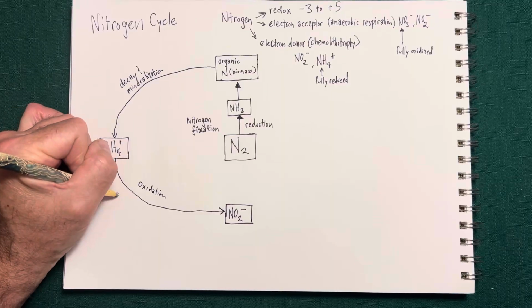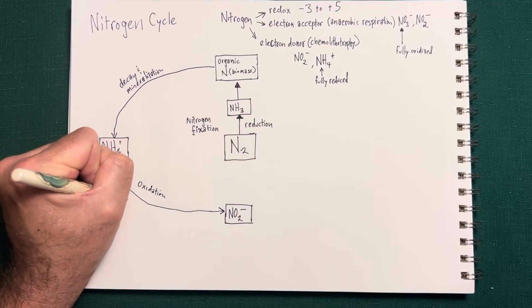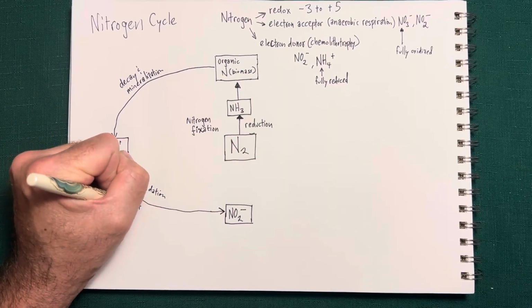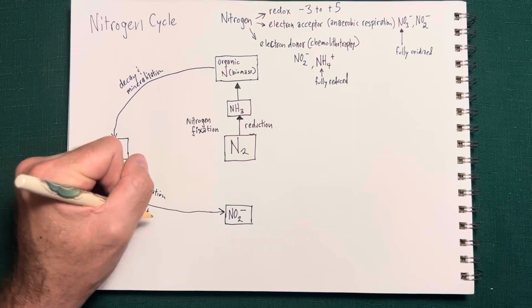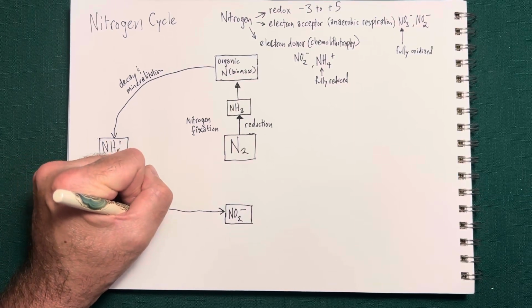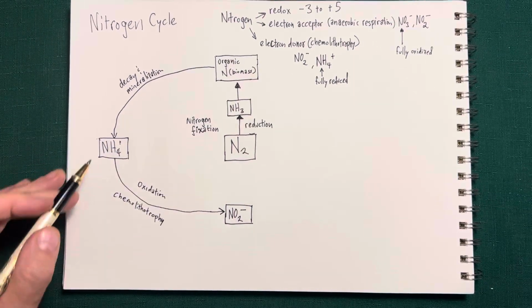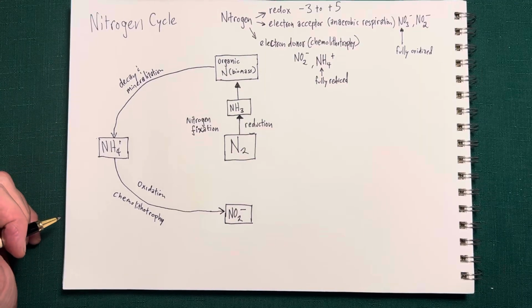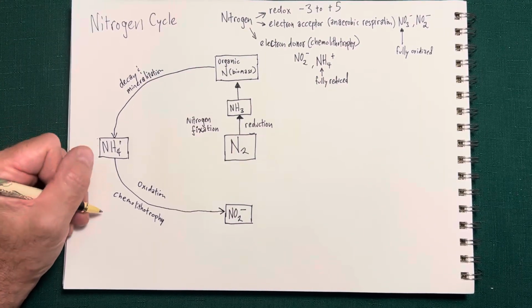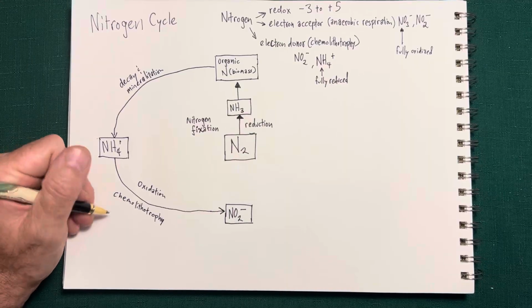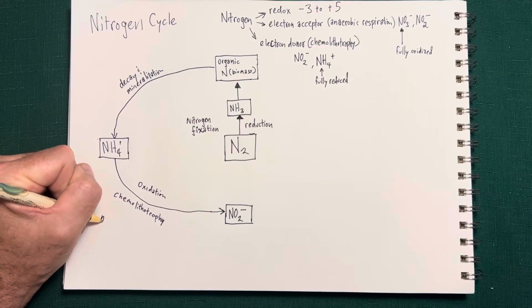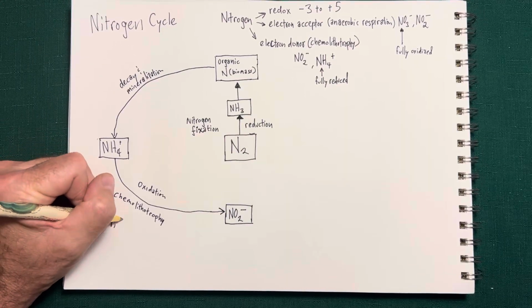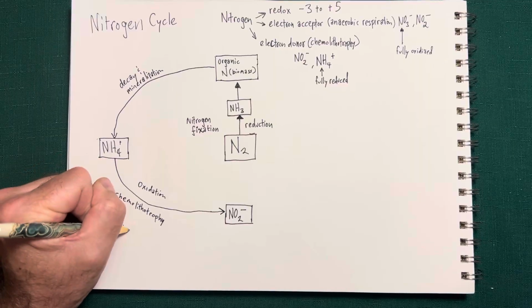This is a type of chemolithotrophy, using ammonium as an electron donor. And sometimes this is referred to as the first part of a step known as nitrification.